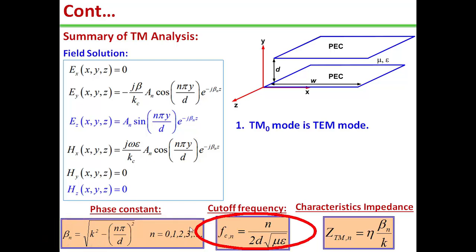The cutoff frequency for the TM mode is fc equal to n divided by 2d square root of mu epsilon, whereas the characteristic impedance for the TM mode is eta beta n divided by k. So this is all about the TM mode analysis for the parallel plate waveguide.